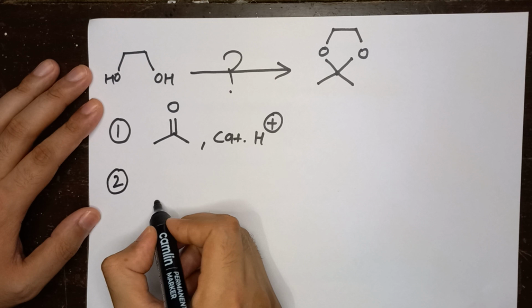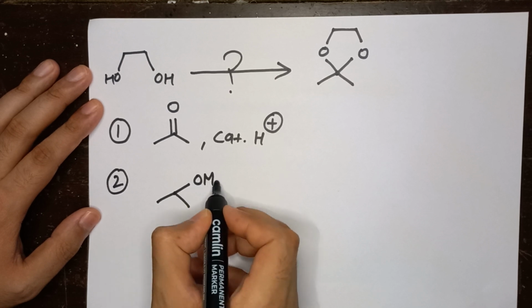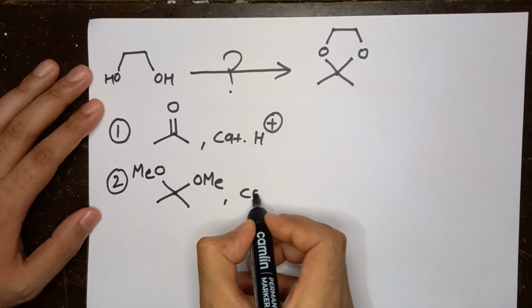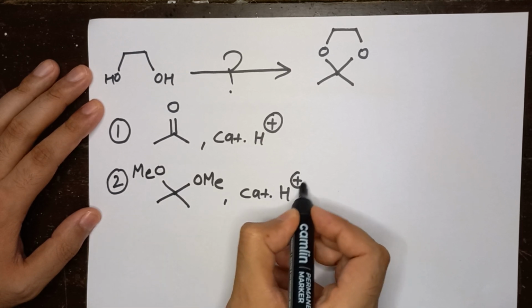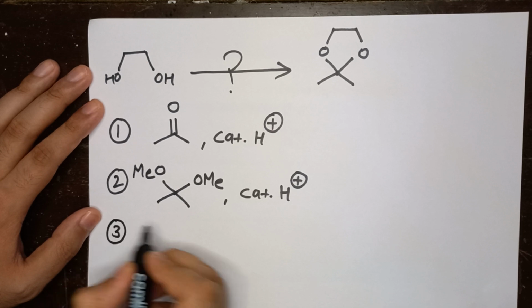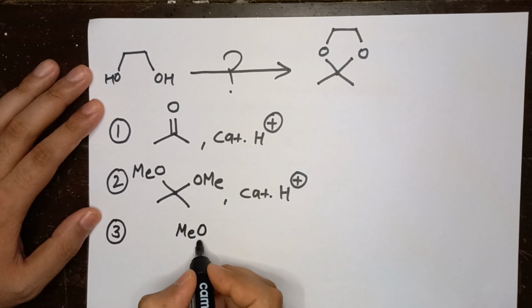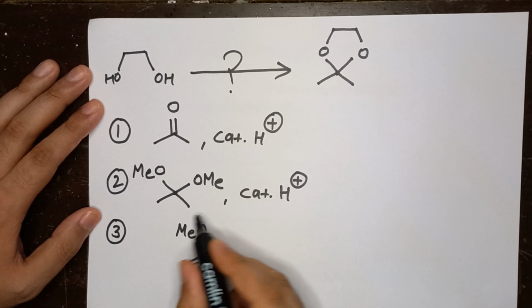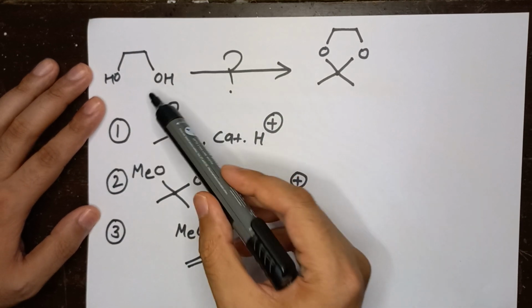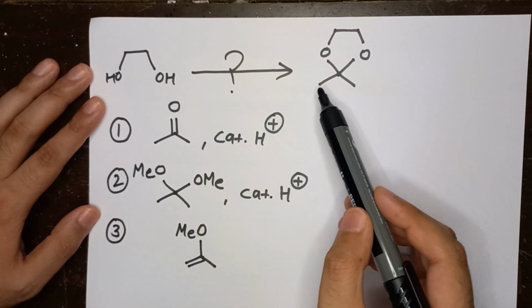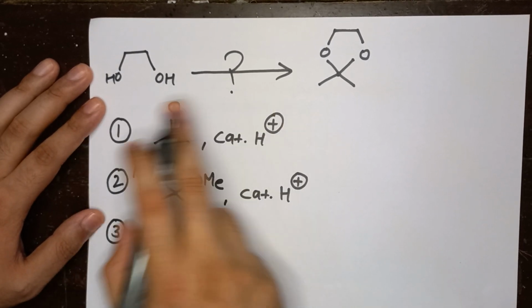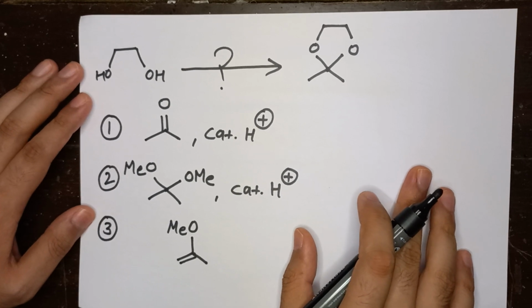We can use this particular ether with a catalytic amount of H plus ions. We can use the enol ether. This is basically an enol form of ether, and we can use this reagent as well to protect the diol into this acetal or ketal version. Use any one of them and you will be able to carry out this transformation.